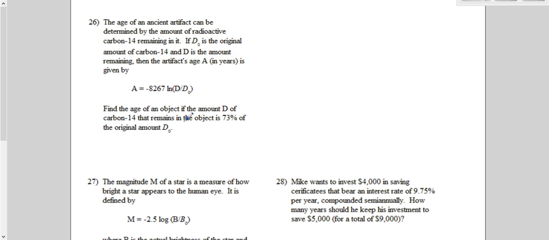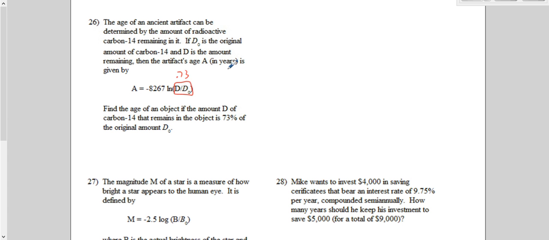They want us to find the age of an object if the amount of carbon-14 that remains in the object is 73% of the original. So all we're doing is replacing this fraction right here by the decimal 0.73, because that's 73%.